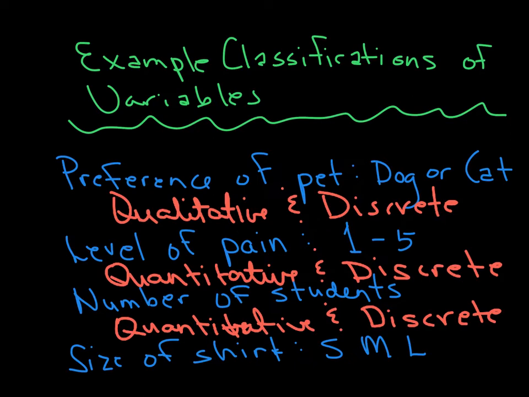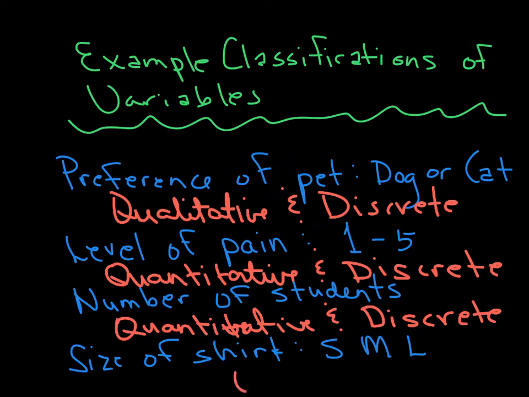Then we have size of shirt: small, medium, or large. So yes, large is larger than medium or small, but there isn't a quantity difference. So there isn't an exact, like you can't subtract small from large. Now, if it was measured in inches, yes, you could, but these are just categories.